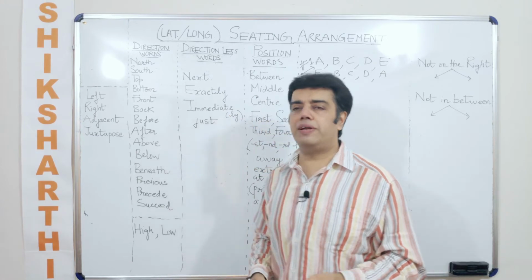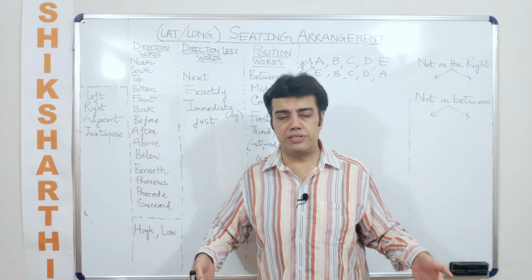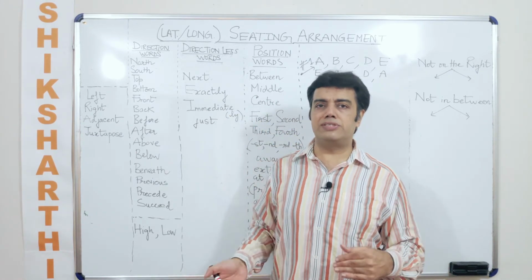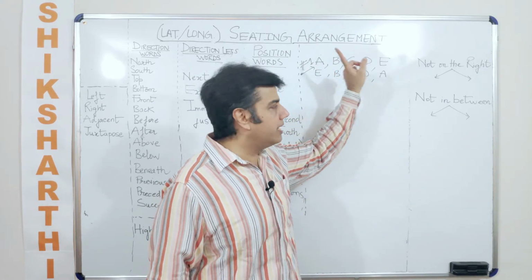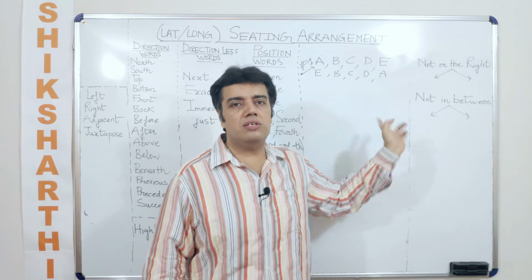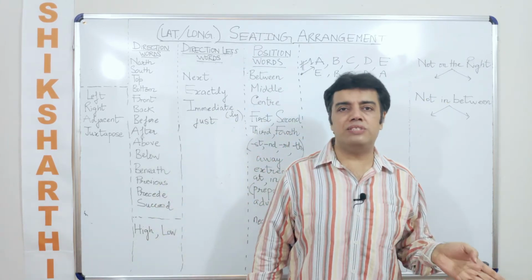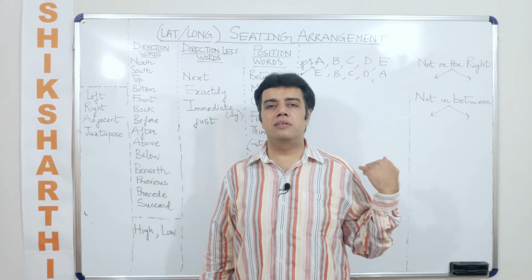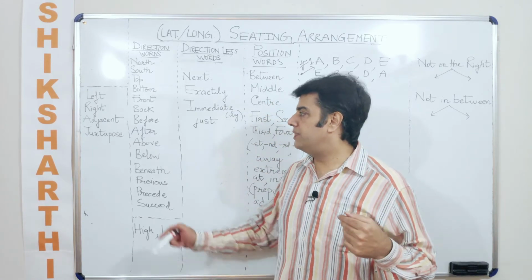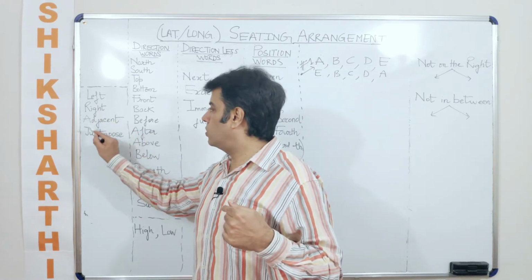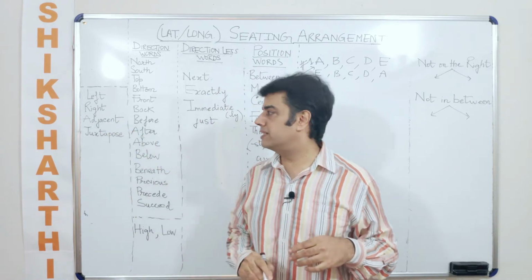At the same time, if I talk about a lateral arrangement, I'll be concerned with what? Whether A was at the extreme left or A was at the extreme right. Analogously, we'll be able to say whether E was at the extreme right or E was at the extreme left. Then adjacent. Now, what is the meaning of the word adjacent?